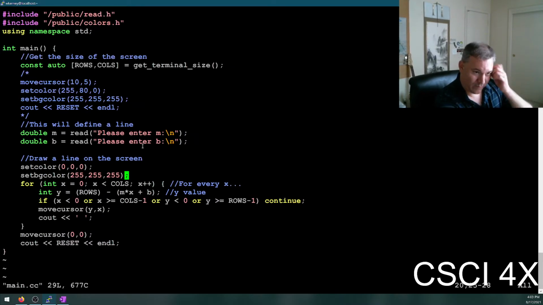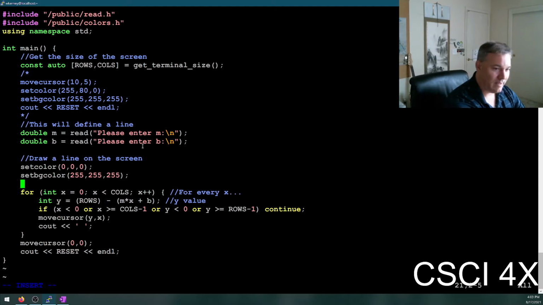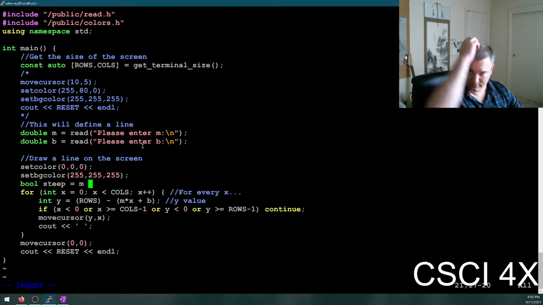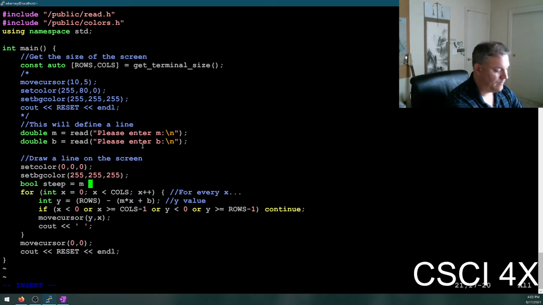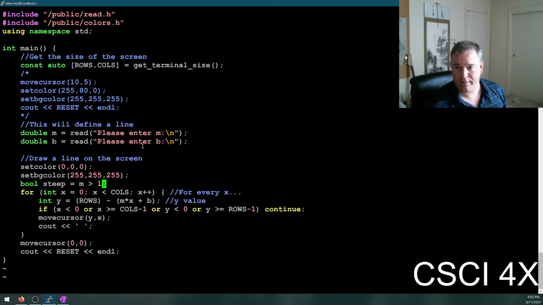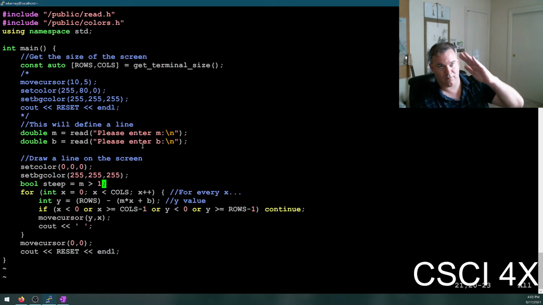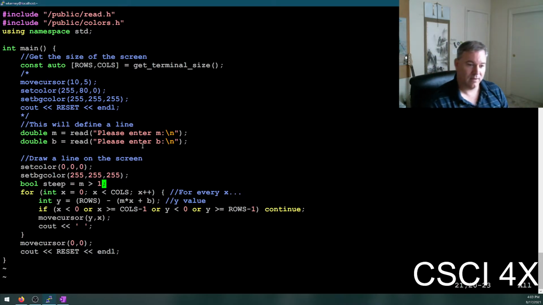So what we could do is bool steep if m is greater than 1. Slope of 1 is a 45-degree angle. If the steepness is above 1, it should be the absolute value, I think.